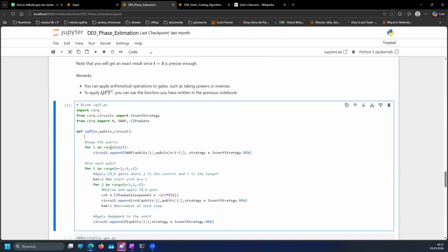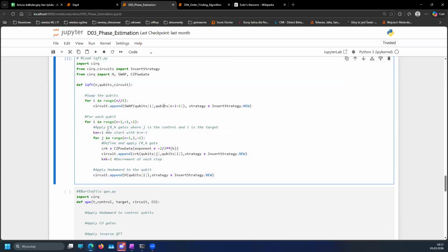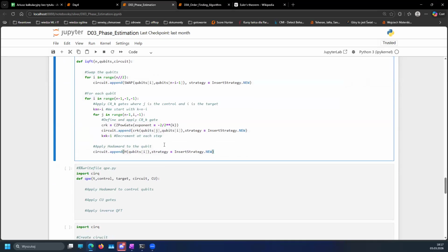And maybe a small thing to remember, and this is nicely written here: inverse quantum Fourier transform applies the quantum Fourier transform, but in reverse order. So we start with the swap gate, then we apply those CR gates, so controlled rotation gates. It's in this part. And then we apply the Hadamard gate, yes?